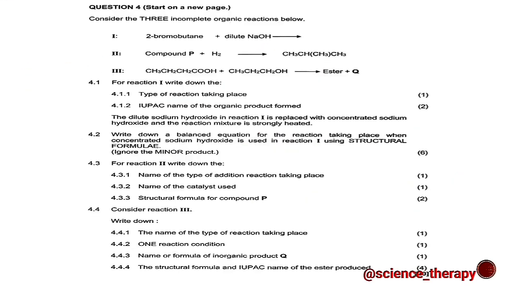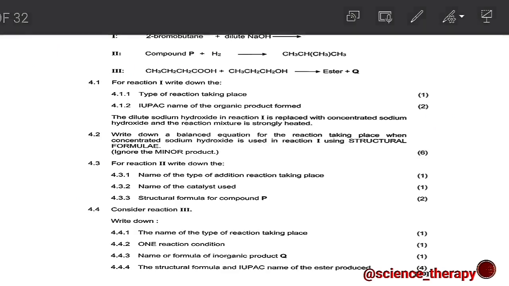Now 4.4.3 says name or formula of inorganic product Q. So we know what is taking place here. From the carboxylic acid, we are taking out the OH, and from the alcohol, we are taking out the H, and this OH and H react to give us this byproduct Q, which we know it's H2O.